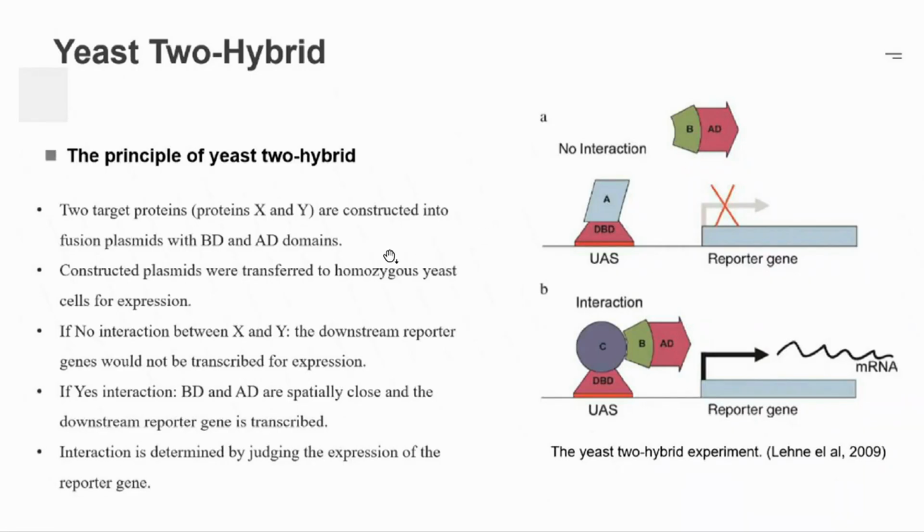If you put a lot of these pairs into the system, and the pairs bind, then you will get all of the functional domains of these transcription factors, which will effectively activate transcription of the downstream reporter gene. So with the sequencing technique we talked about in the first module, we'll be able to measure whether these pairs of proteins interacted, basically whether there is interaction or not, by just measuring the reporter gene expression.